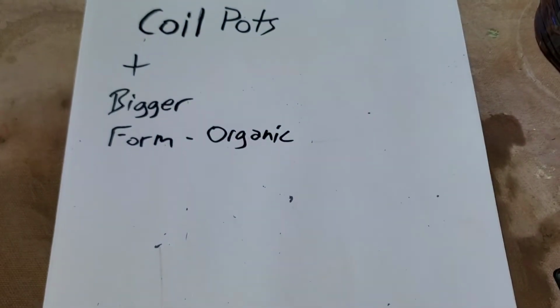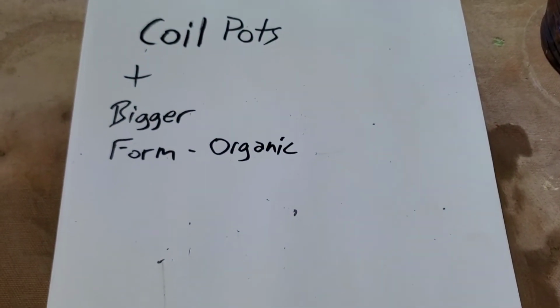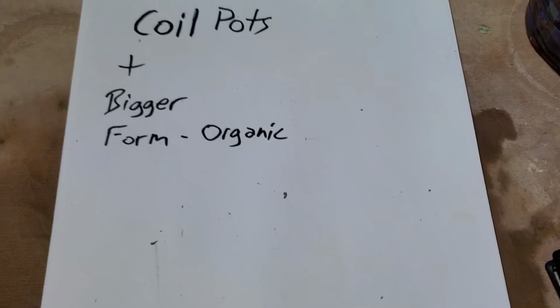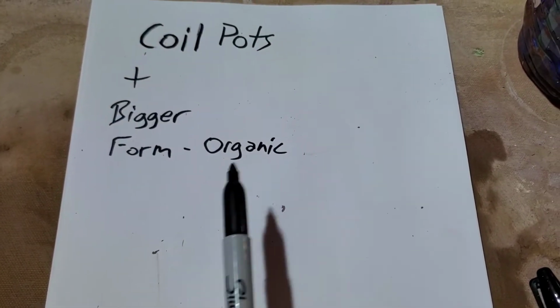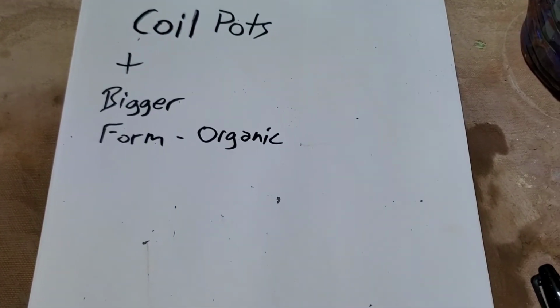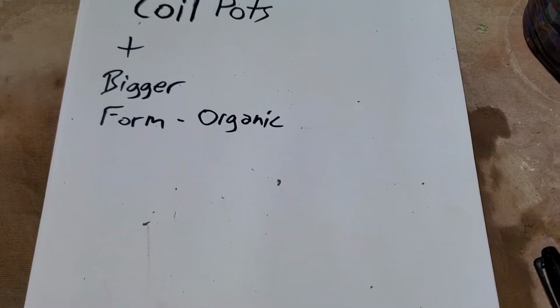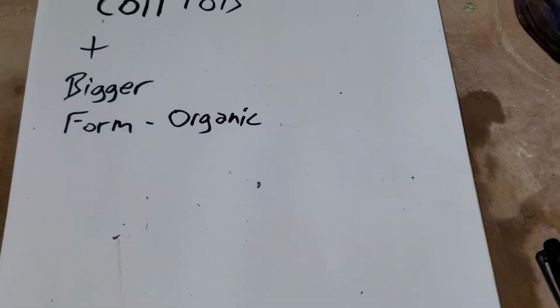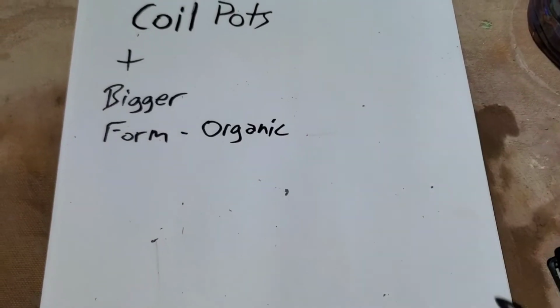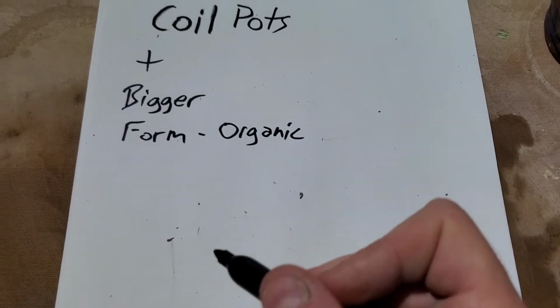They're the regular forms, like a sphere, a cylinder, a cube, etc. With coil pots, we're going to be making organic forms, so it's kind of the opposite of that. Those are the ones that have more flowy shapes, like an organism. You know, animals and plants aren't straight lines and 90-degree angles.